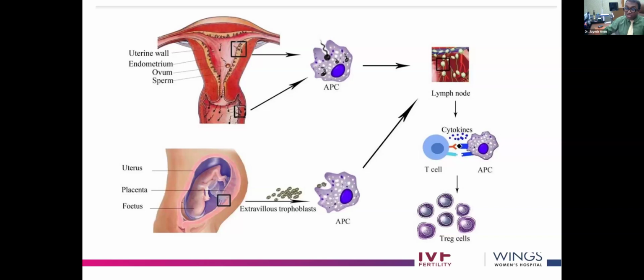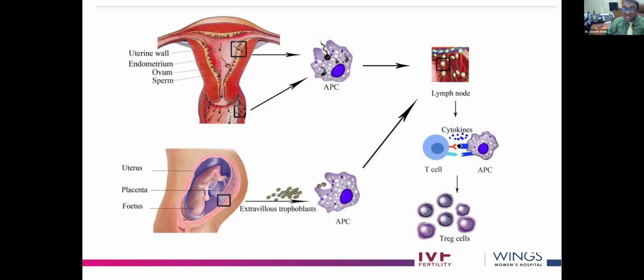So the peripheral blood natural killer cells will increase. But when there is repeated exposure to the same paternal antigen, there will be the formation of adaptive immunity. In that condition, I think this peripheral blood natural killer cell will go into the thymus and convert from cytotoxic to cytolytic.